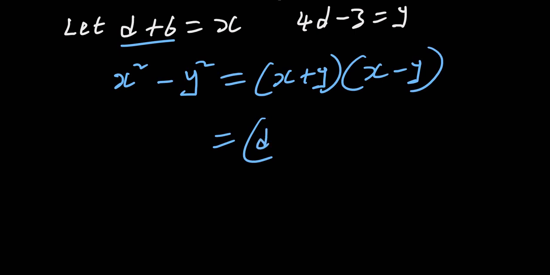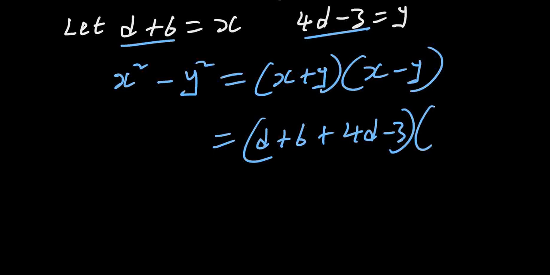So d plus 6, okay, plus this is the value of y, 4d minus 3, and also d plus 6. Since we have a negative sign, we are going to put the negative sign here and open a parenthesis before we can put in the values of y. So 4d minus 3.